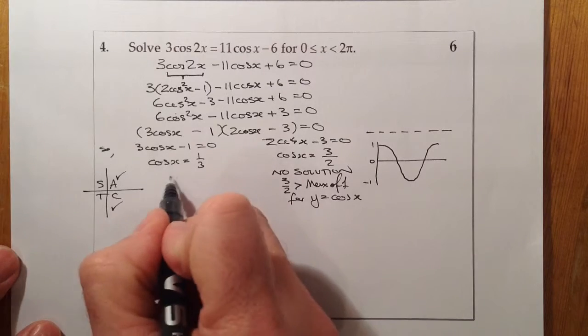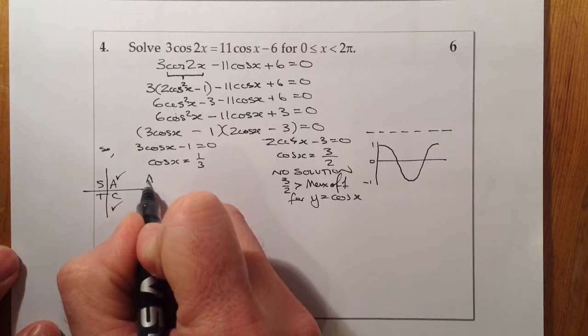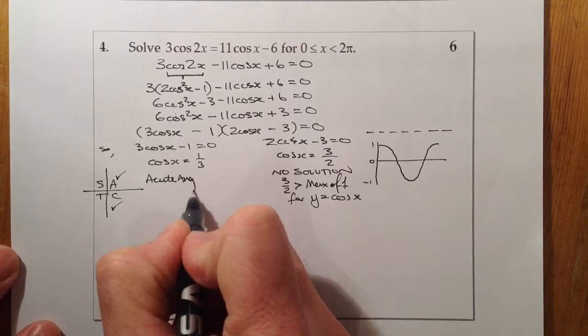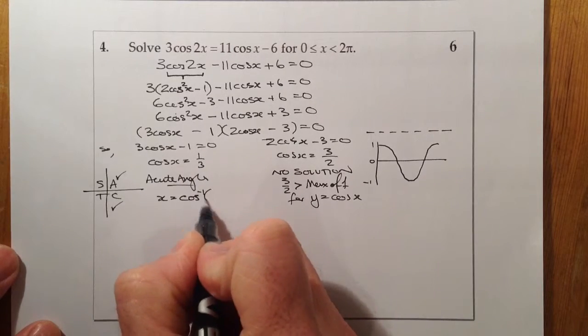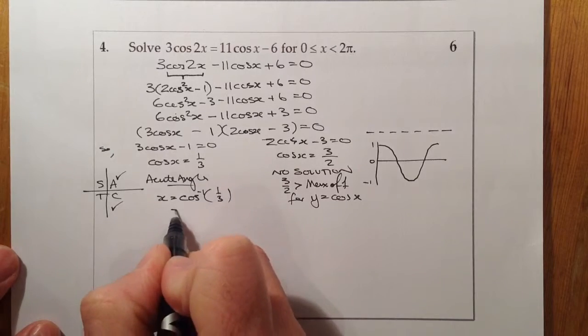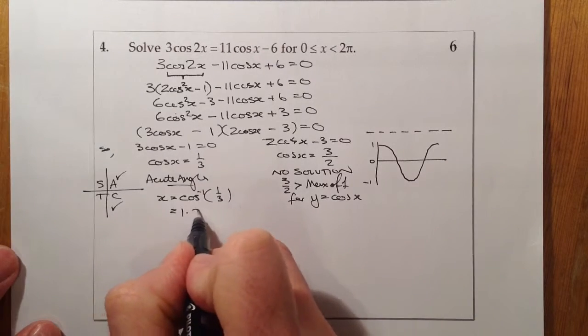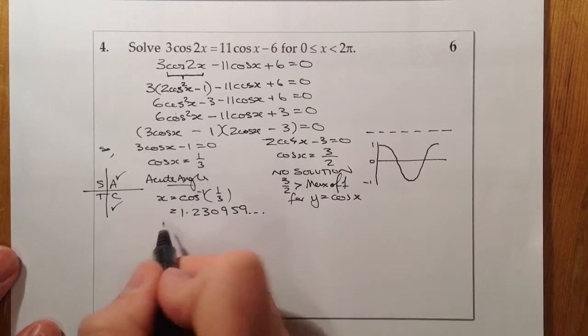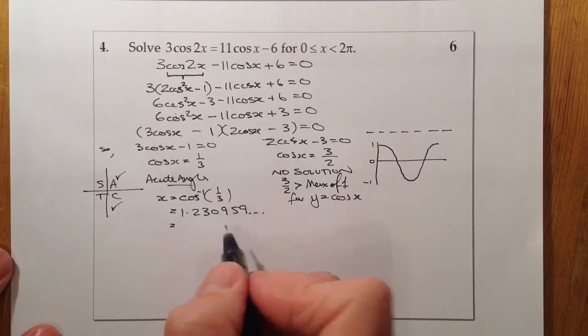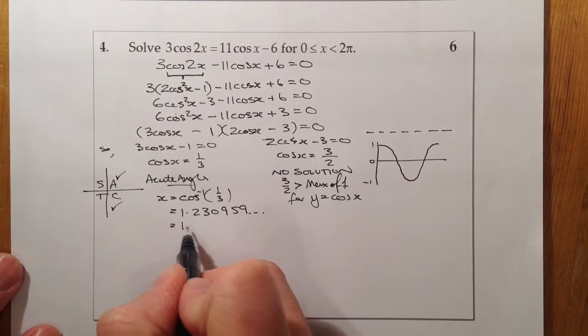So all I need to do is work out the acute angle, which is to take the inverse cosine of 1/3. If my calculator's in radians, that should give me this value here, and I'll give it to 3 decimal places when I'm dealing in radians.